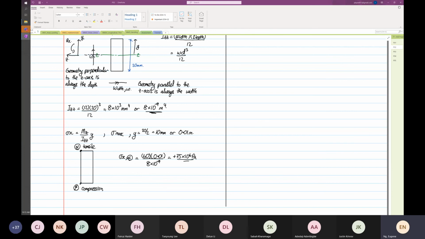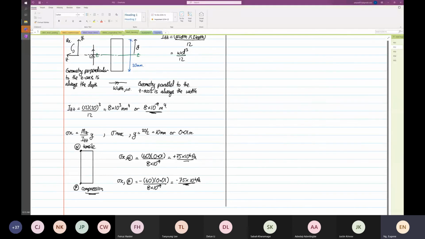For stress x at beta, you already declared it's under compression, so you just put a minus sign in front. So this is equal to minus 75 times 10 to the power 6 Pascal. Okay, so this is A.